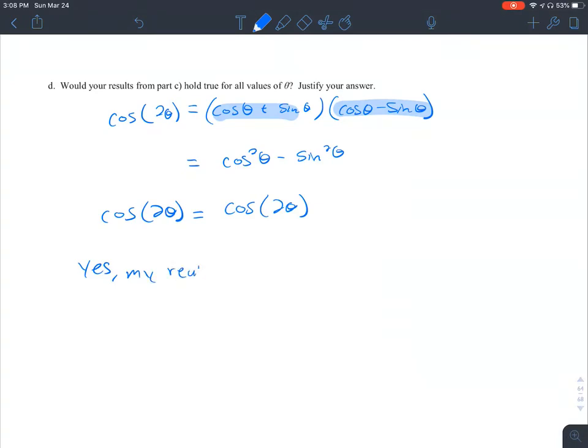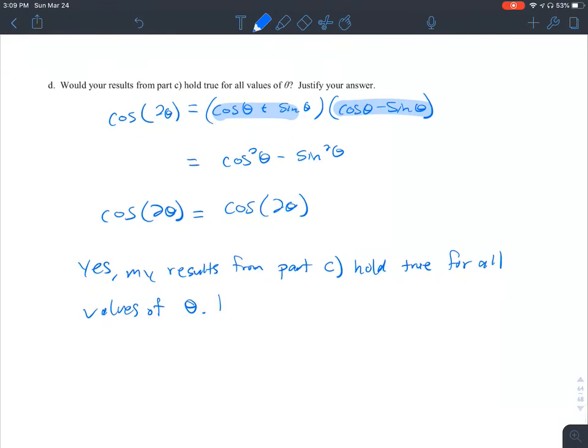My results from part C hold true for all values of theta because cosine of 2 theta equals cosine of theta, well, I won't do that because of that work up there.